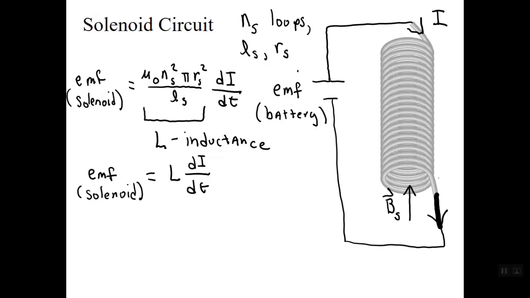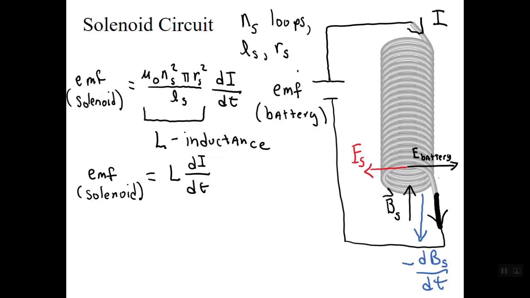Let's now figure out the direction of the EMF. Note that as the current I increases, the B field in the solenoid increases upward. That means minus dΦ_S/dt is downward. Using our right-hand rule for Faraday's law, that means the curly E field due to the time-changing flux in the solenoid must be as shown, counterclockwise as we view the solenoid as shown.